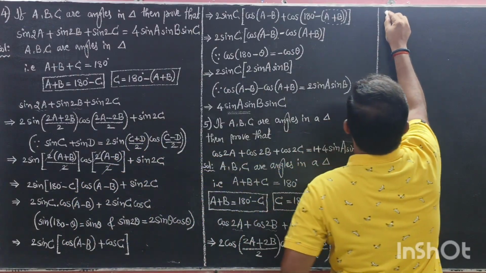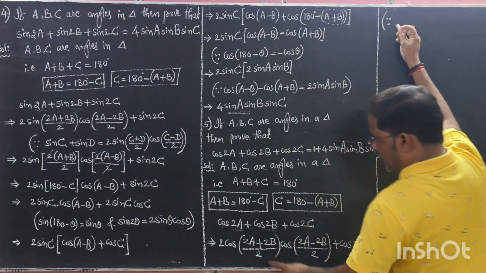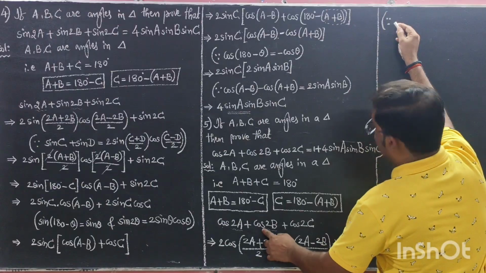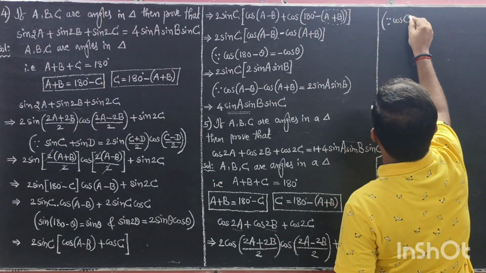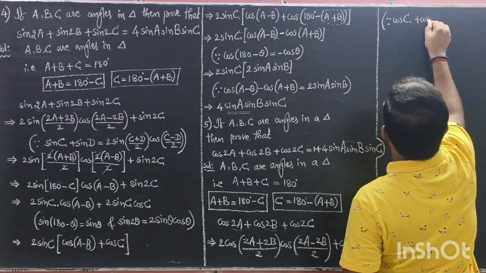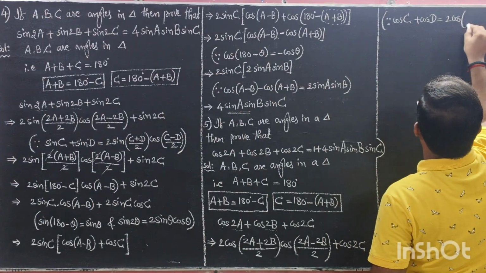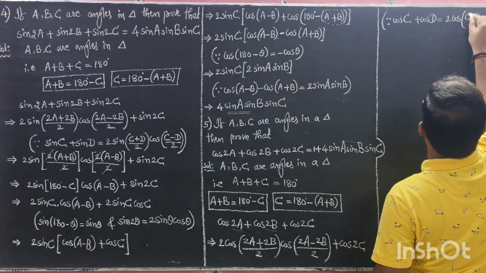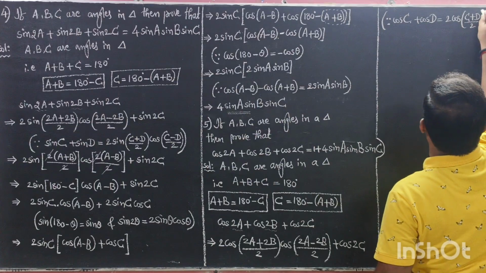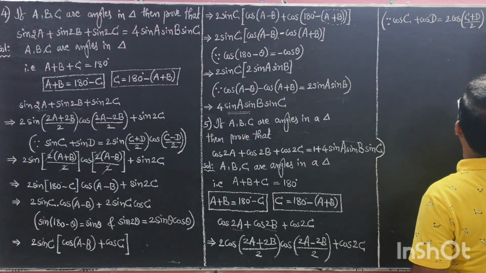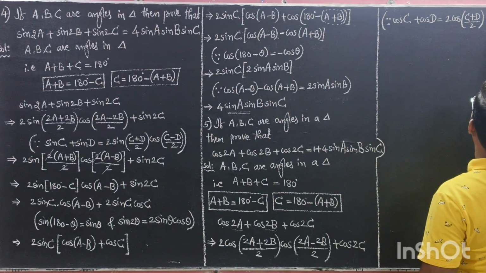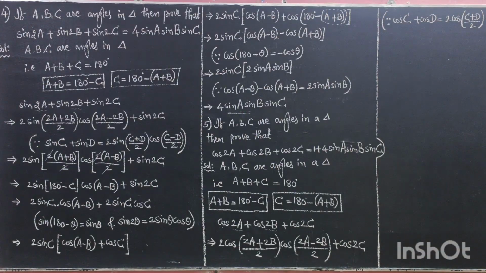Right, the formula is cos C plus cos D equals 2 cos of (C plus D)/2 into cos of (C minus D)/2. Is the board visible?